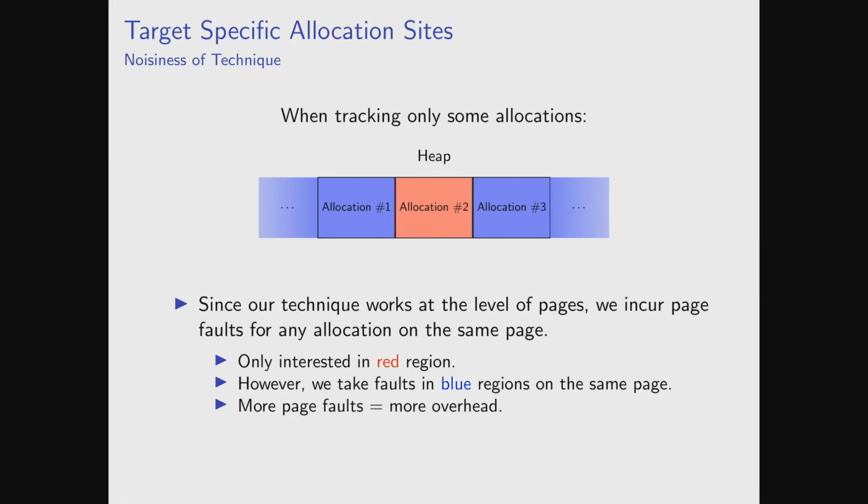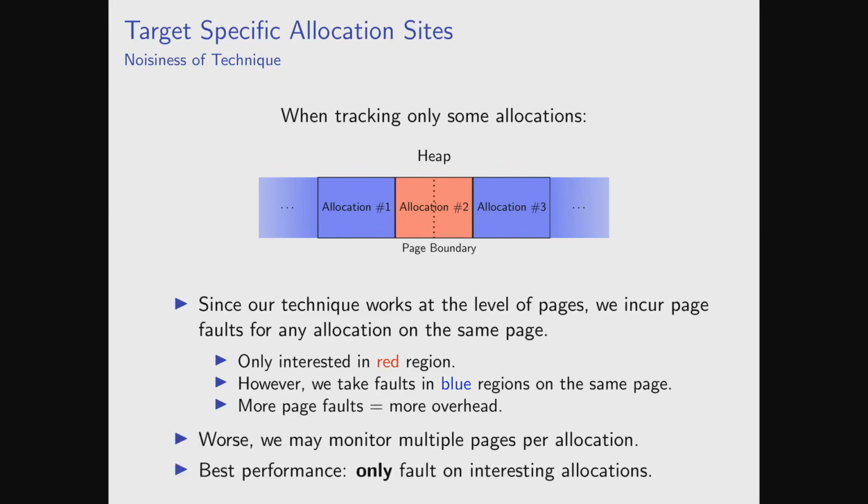And so more page faults means more overhead. This situation gets even worse if, for example, the allocation we're interested in happens to lie right across a page boundary. We might be tracking 8 kilobytes of memory despite the fact we're only interested in 32 bytes or something like this. So for best performance, we only want to take page faults upon accesses that we're interested in.